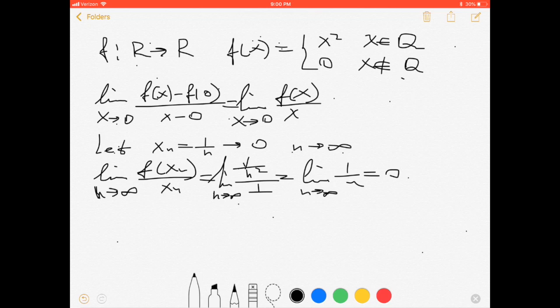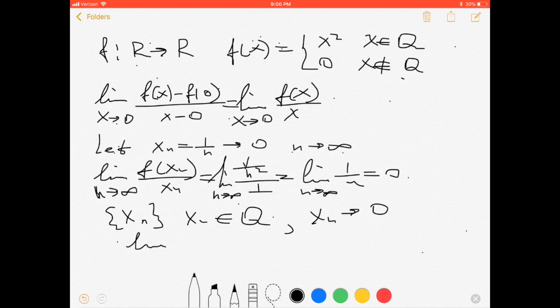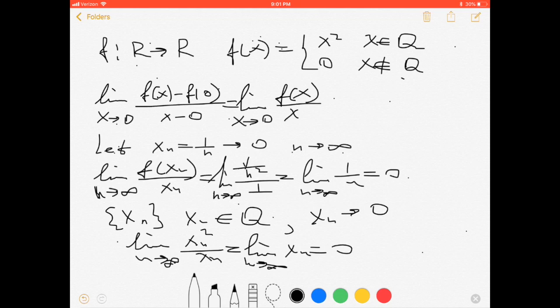This is just an example, but you can see that for any sequence x_n of rational numbers with x_n approaching 0, the limit of x_n squared over x_n as n approaches infinity is exactly the limit of x_n, which is 0.